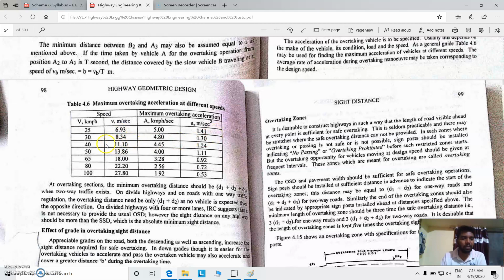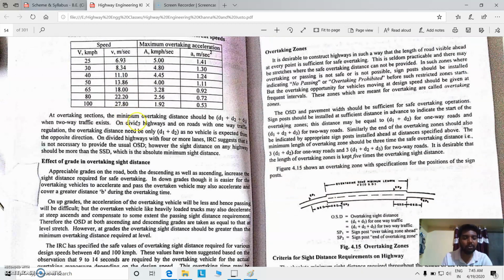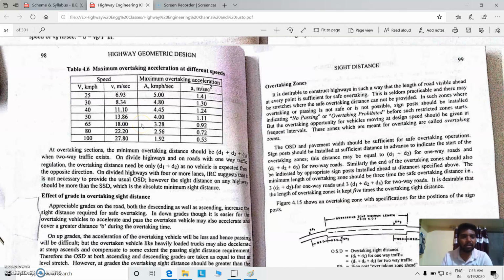Similarly, for the various speeds, the various acceleration values are given in meter per second square and kilometer per hour per second. This table we need to remember to solve overtaking sight distance problems.